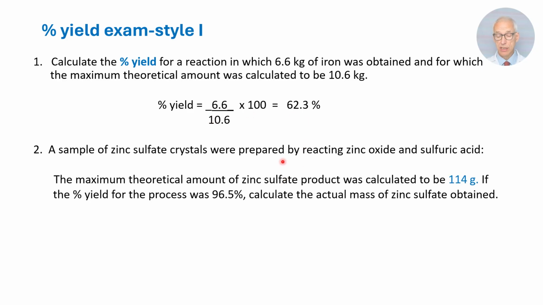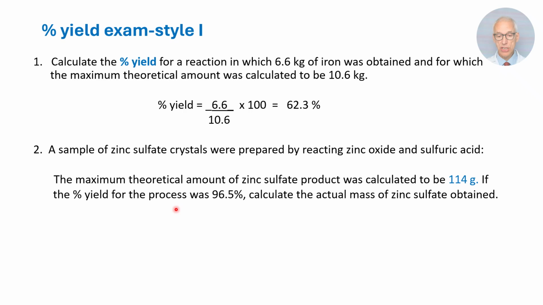Now the second most popular question is where you are given, for instance, a maximum theoretical amount and then the percentage yield. So a sample of zinc sulfate crystals prepared by reacting zinc oxide and sulfuric acid. The maximum theoretical amount of zinc sulfate crystals formed was calculated to be 114 grams.